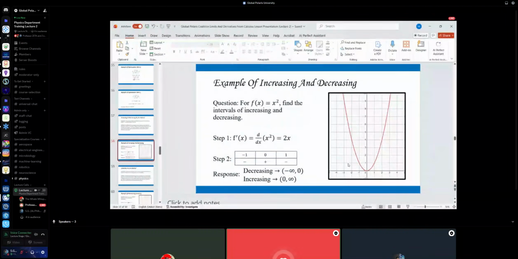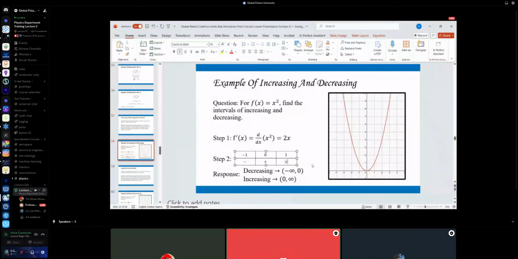An example of it is if I ask you what are the intervals for increasing and decreasing for x squared. We can always find the first derivative, which is 2x.